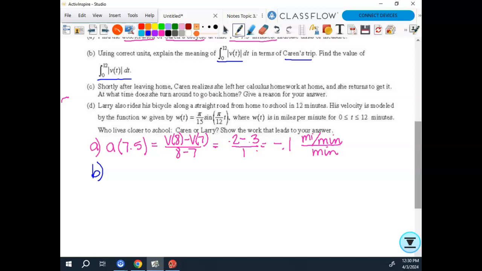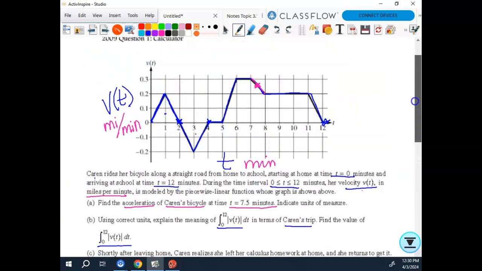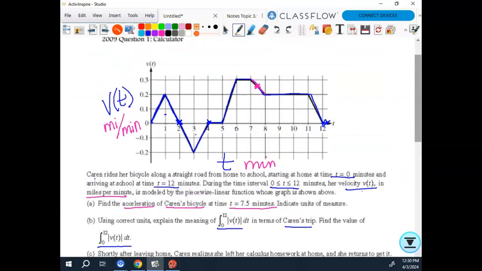Because if I don't take the absolute value of velocity and I do this accumulation, these two cancel each other out, right? Because I ended up back at home. If I take the absolute value, then this part that's negative becomes positive, and then I get the entire distance traveled. Does that make sense?